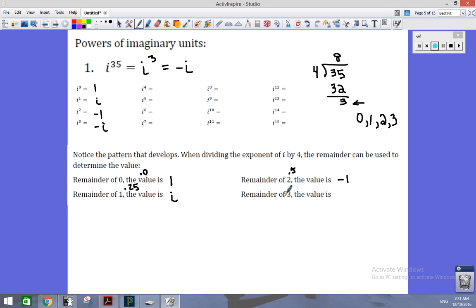And when you have a remainder of 3/4, you're going to see 75 after the decimal point, and i to the third power is negative i. So anyway, it'll become more clear. It's pretty early in the morning, and I don't even think I'm thinking straight, but it'll become real clear when we jump in and do some more examples like the i to the 35th that are in the notes.